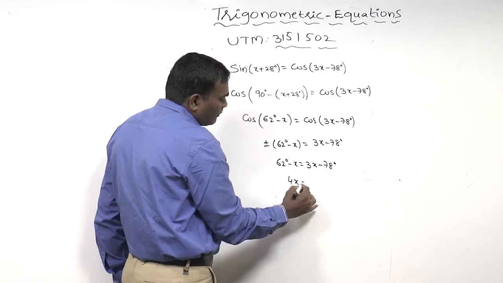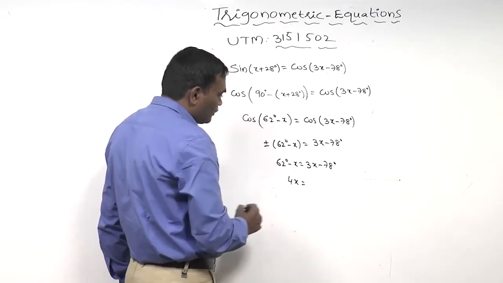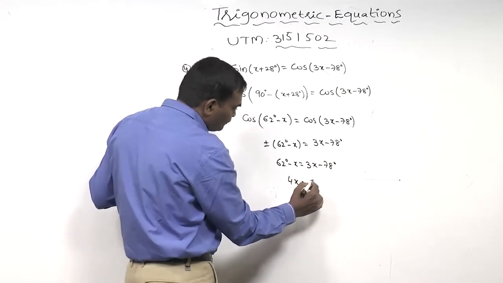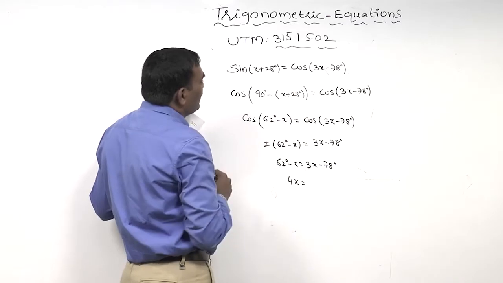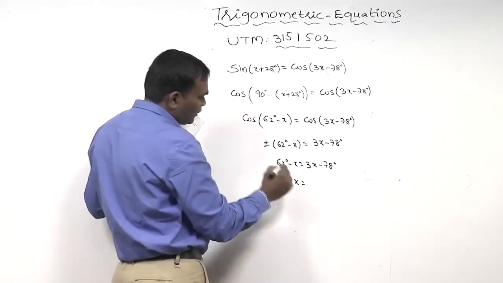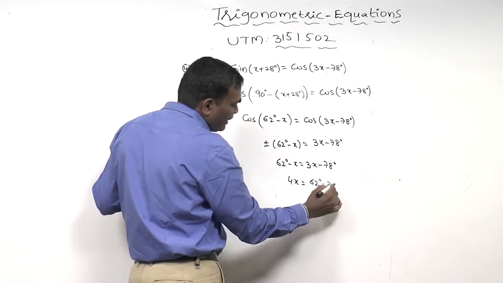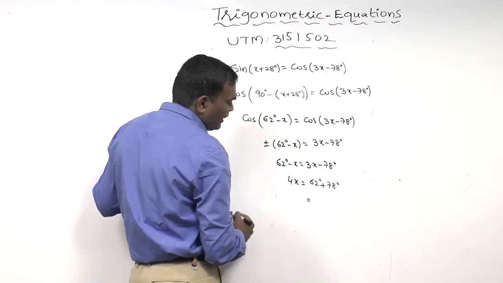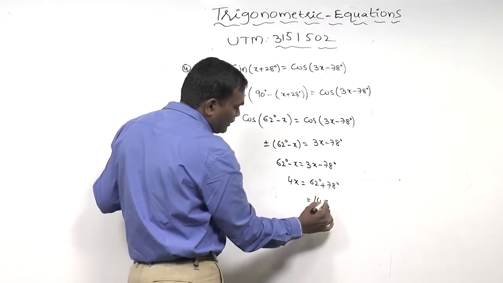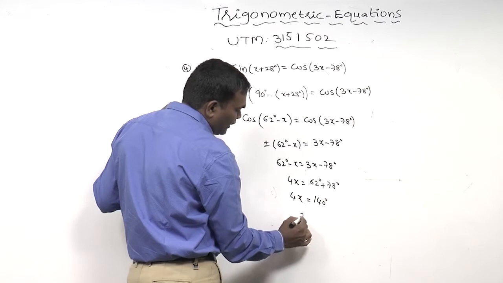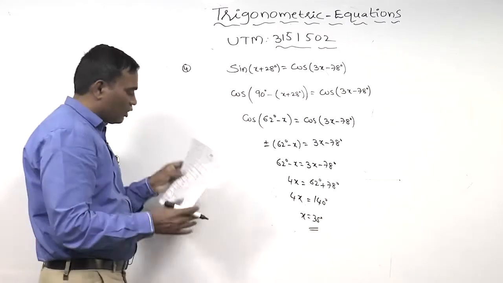So 4x is equal to 62 plus 78, which is 140 degrees. So 4x is equal to 140. x is equal to how many degrees? 35 degrees. Now see the options.